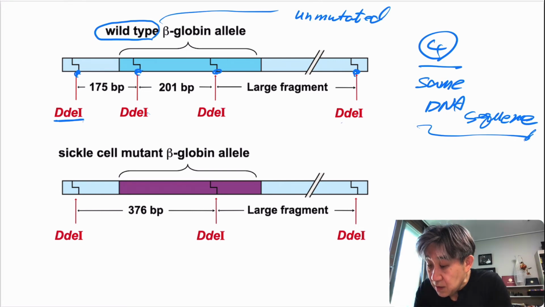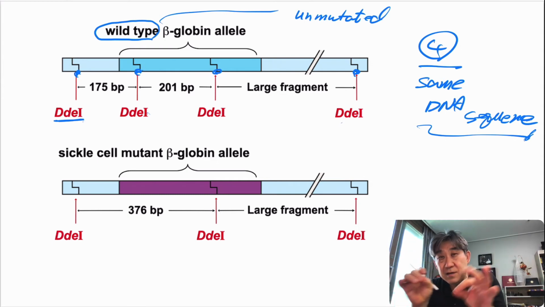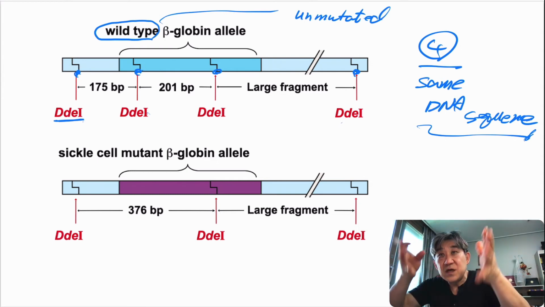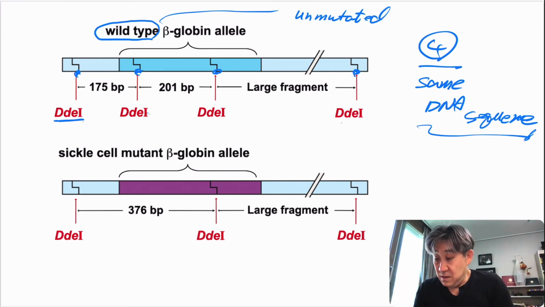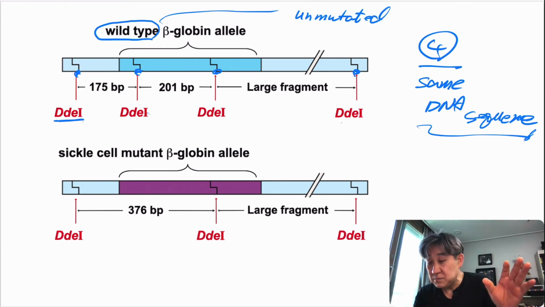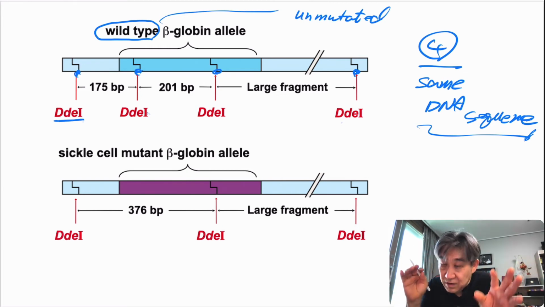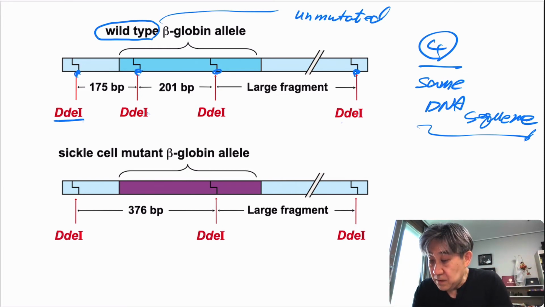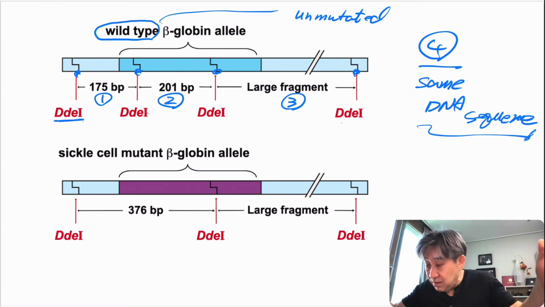One is about 175 base pair, another one is about 200. It's not really easy to distinguish in length between 200 and 175, but it is not impossible. You still can have a little bit of difference, and so you have fragment 1, fragment 2, and the third fragment, which is the largest fragment.